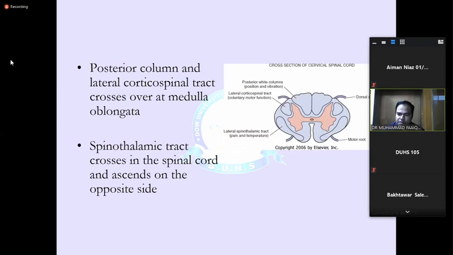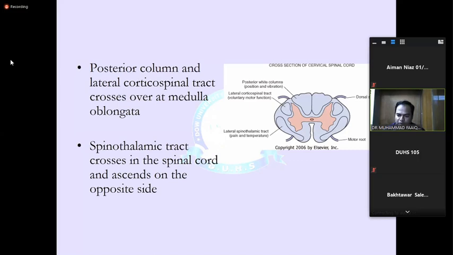The same thing has been discussed here, that the posterior column contains fasciculus gracilis and cuneatus, and these two tracts decussate at the level of the medulla oblongata, and in the same way the corticospinal tract also decussates at the level of the medulla.